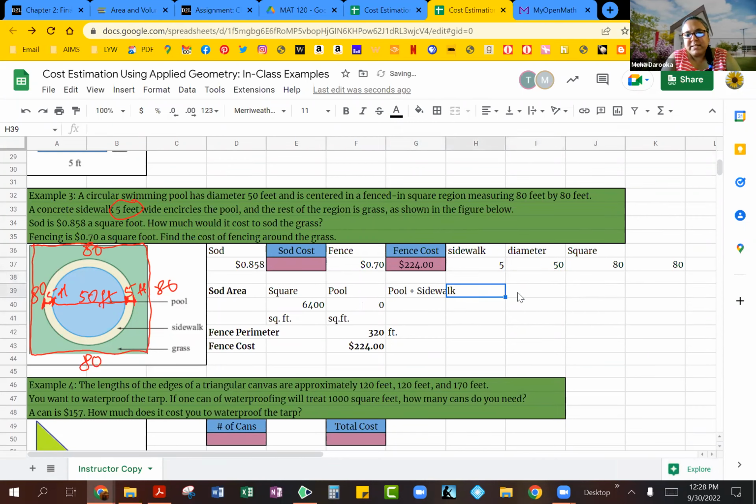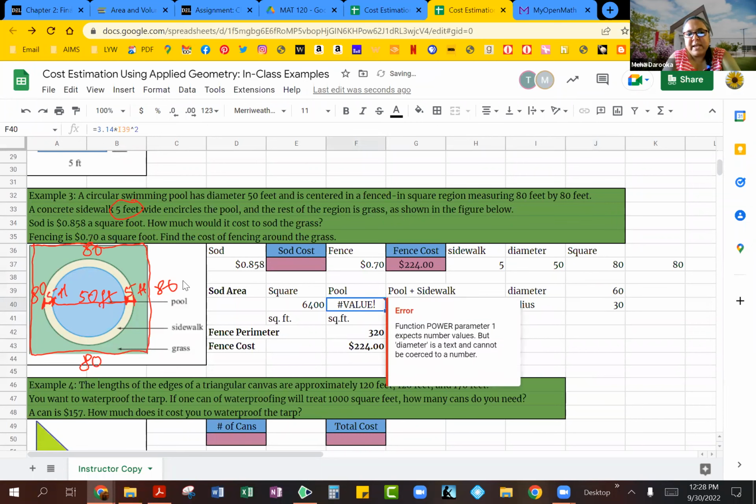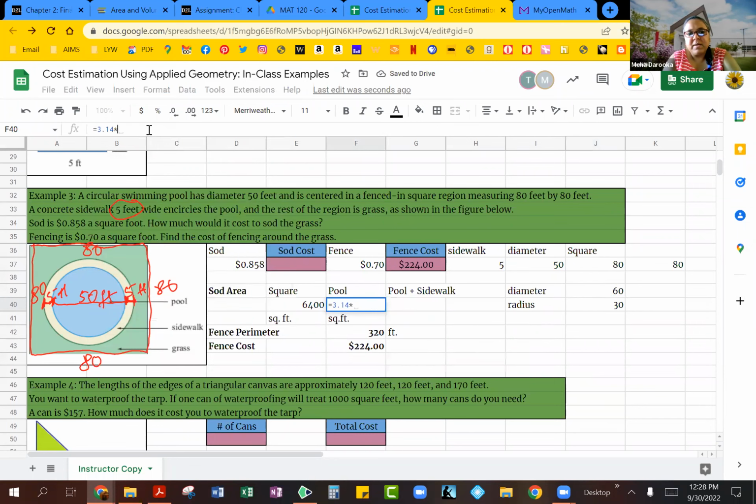So if you did pool and sidewalk and you did the total diameter, you're looking at 50 plus 10, for each side, and then take its half and you get a radius of 30. And if you calculate your area again based on this new diameter, then it will tell you what the area is that's going to be the pool plus the sidewalk.